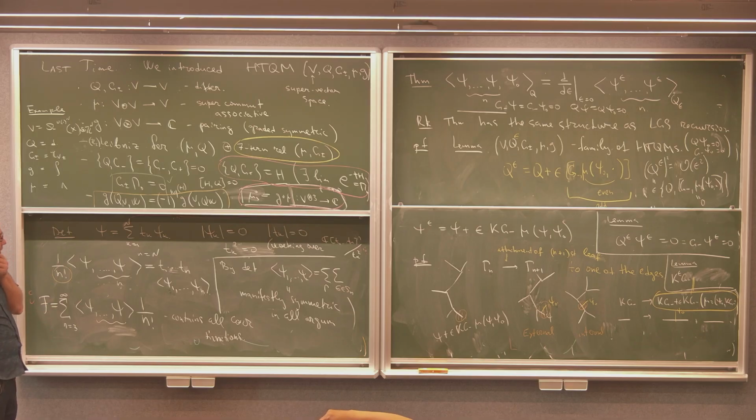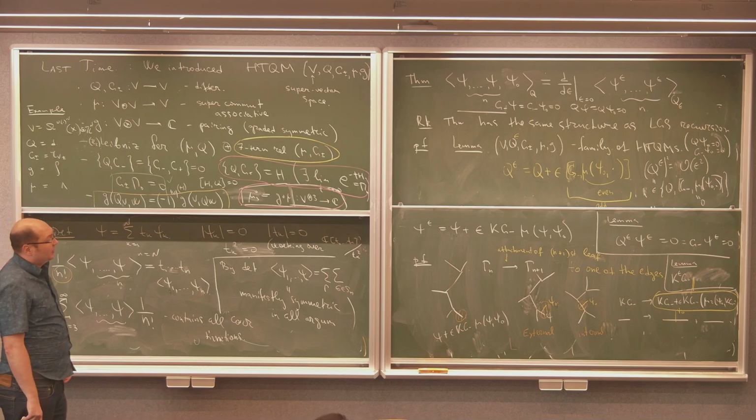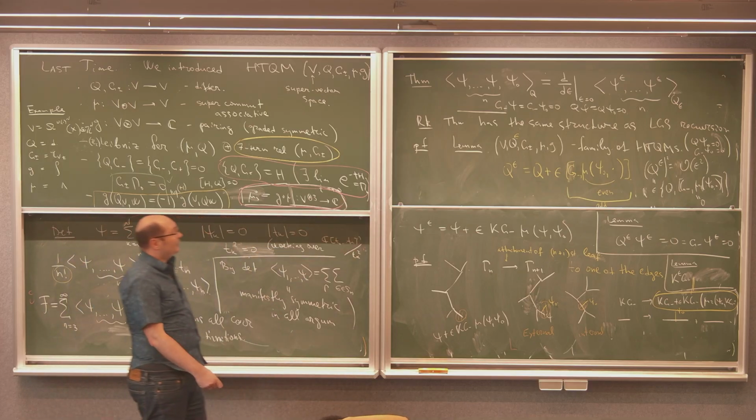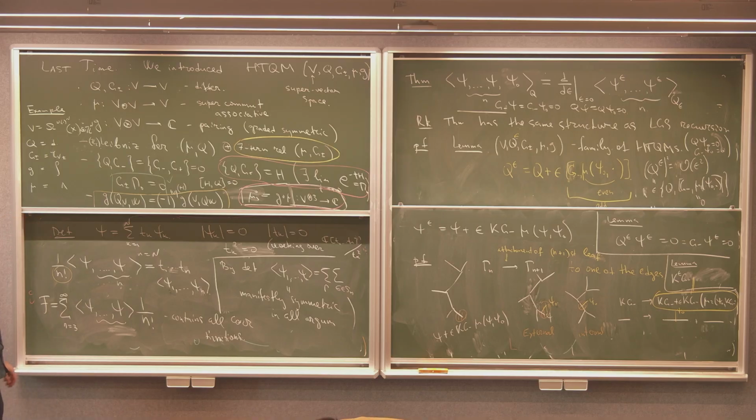And I think next time, yeah, I think we're only left with 2 lectures. So the plan is to spend these remaining 2 lectures proving the tropical mirror relation by relying on these preparational results that we have proven for a formal HTQM.